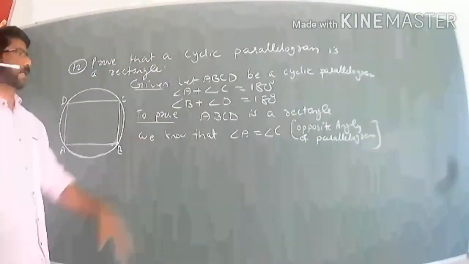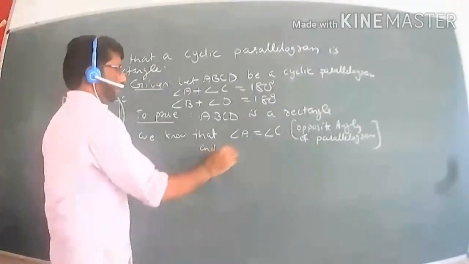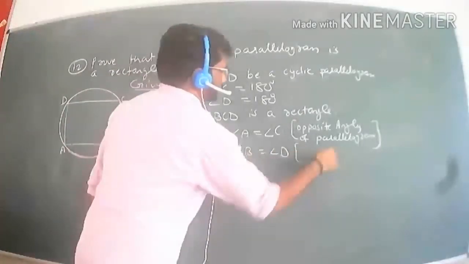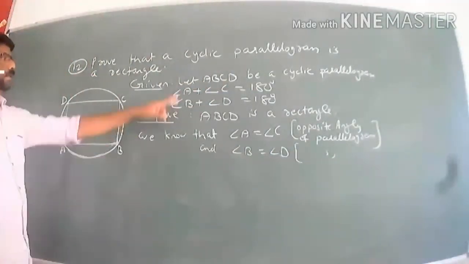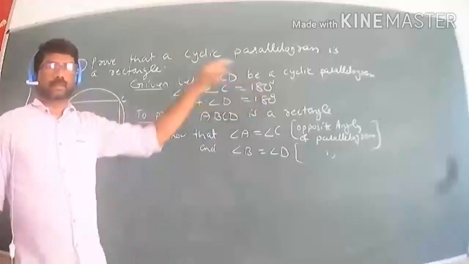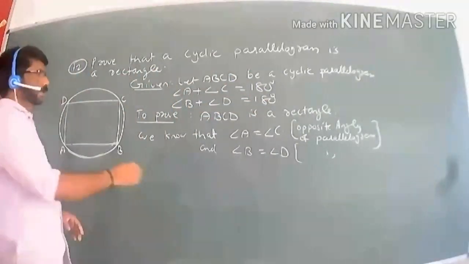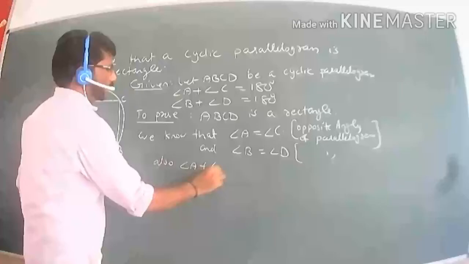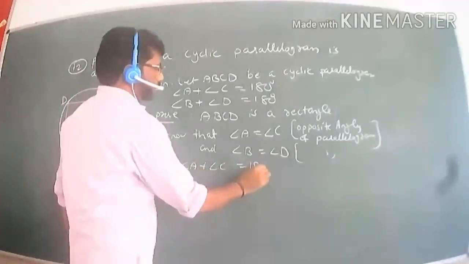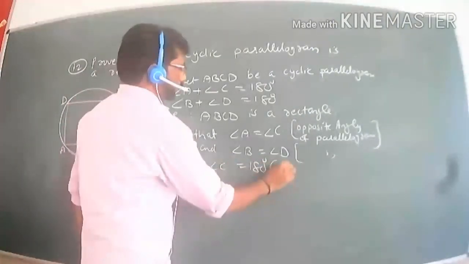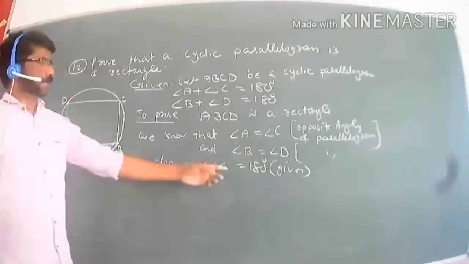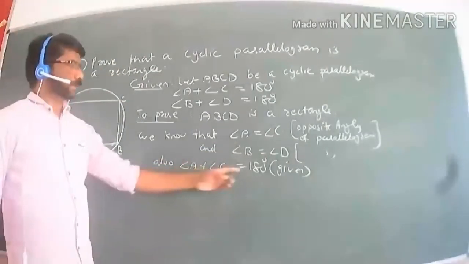So A and C are equal. And another one, angle B is equal to angle D, same reason. And here it is given A plus C equal to 180 degrees, since it is cyclic. So opposite angles are equal, A equal to C, and the sum is 180 degrees also.